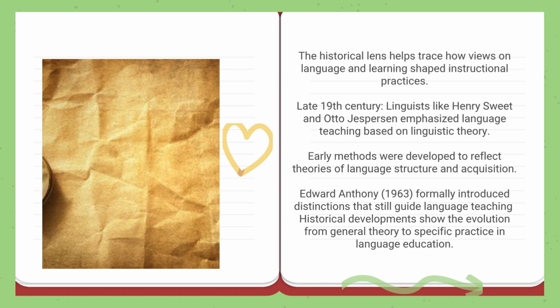Early methods were developed to reflect theories of language structure and acquisition. Edward Anthony, 1963, formally introduced distinctions that still guide language teaching. Historical developments show the evolution from general theory to specific practice in language education.